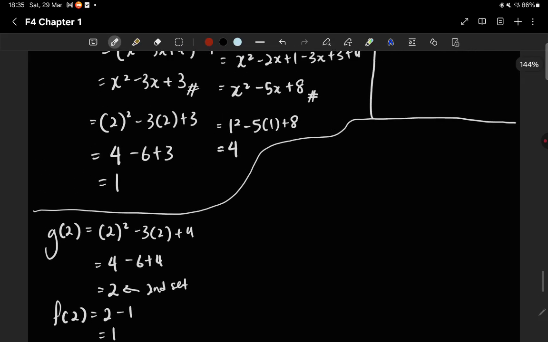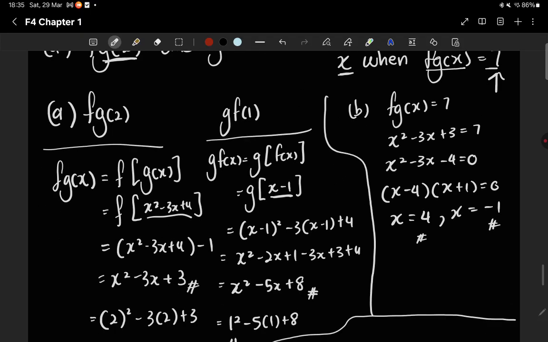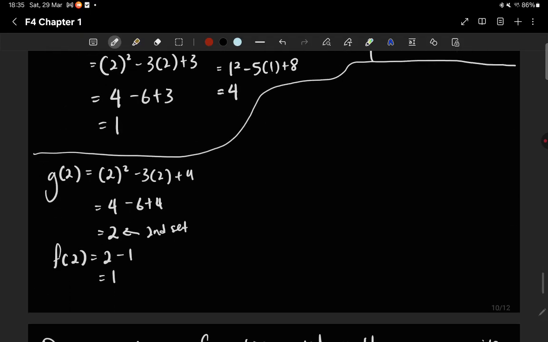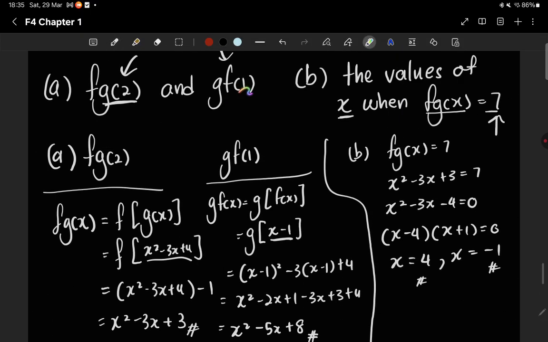And in the second example, we are given gf of 1. So f of x over here is the one connecting the first set and second set, and this 1 over here is from the first set. So all we have to do is find the value in the second set and sub it into g of x.